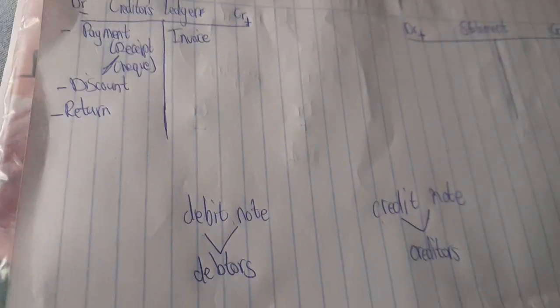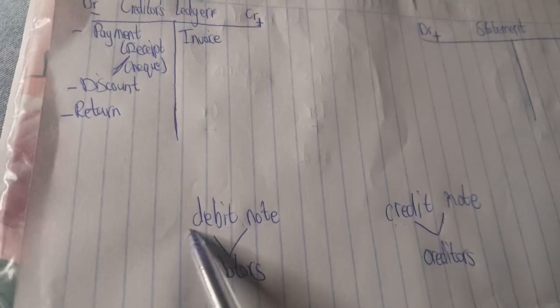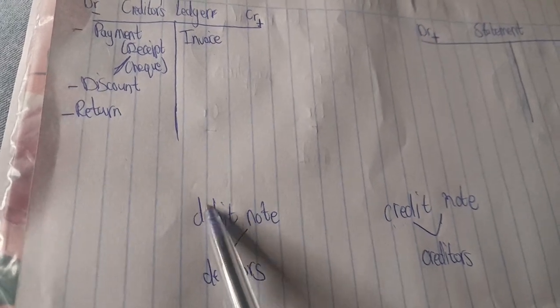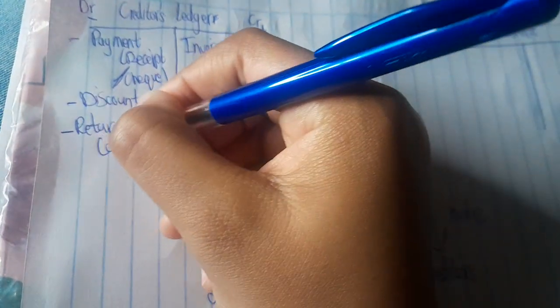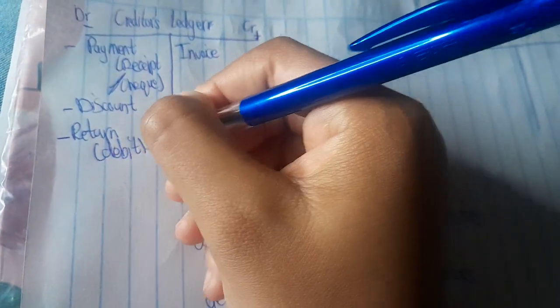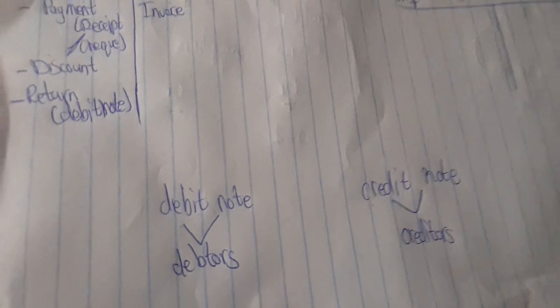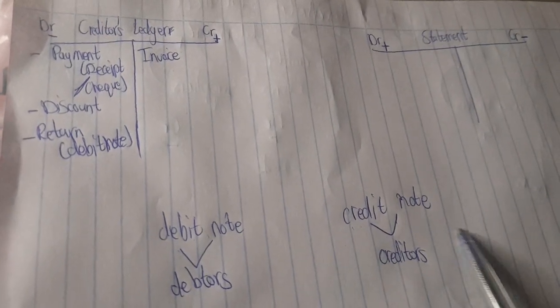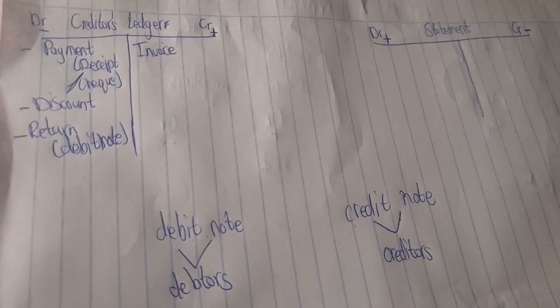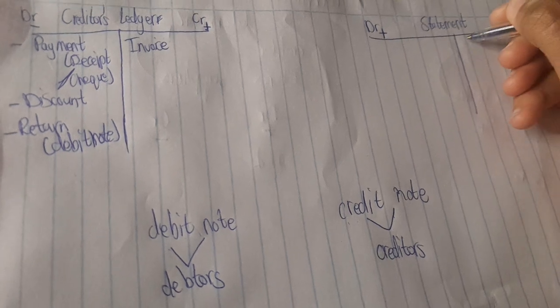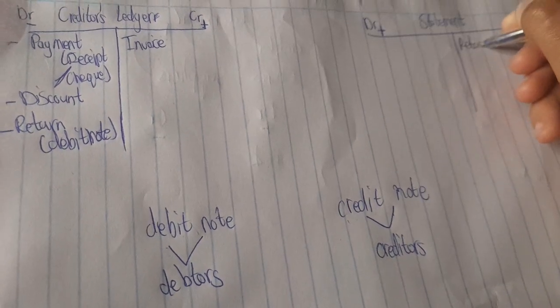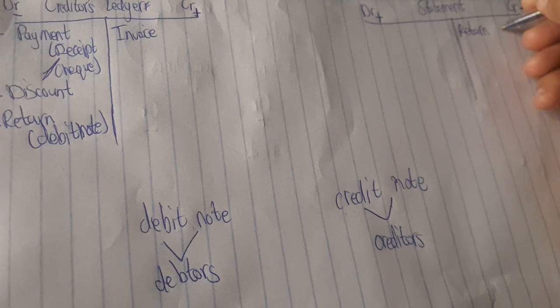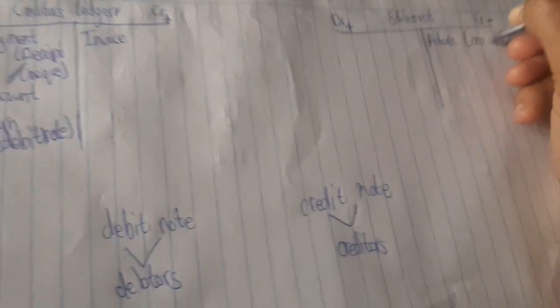Meaning that whenever there's a return of goods, you have to see the debit note on the creditors ledger. And whenever there's a return of goods, the credit note has to be written here, on the statement, to signify the return of goods.